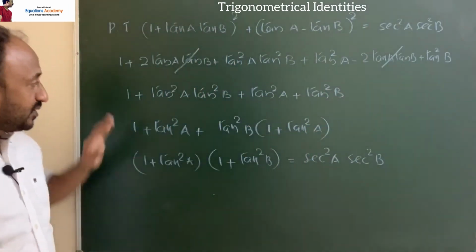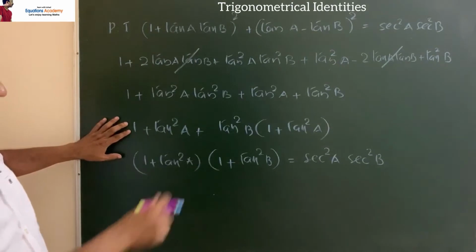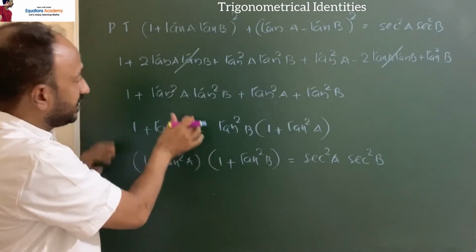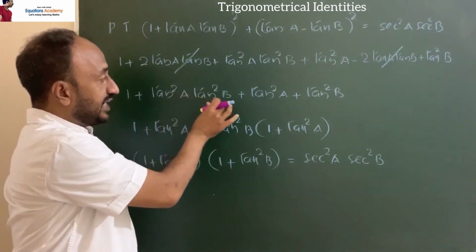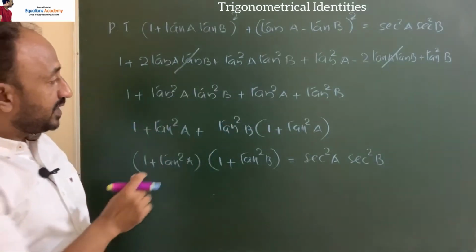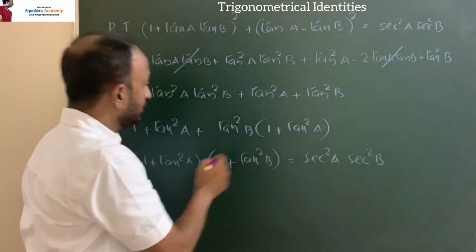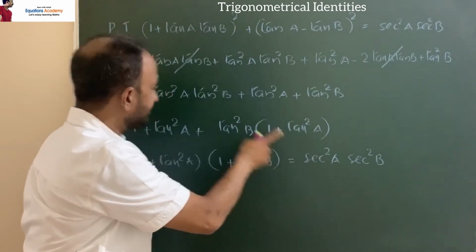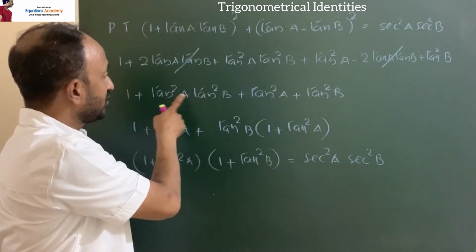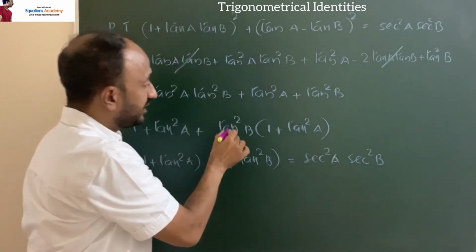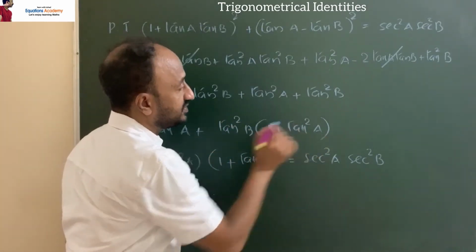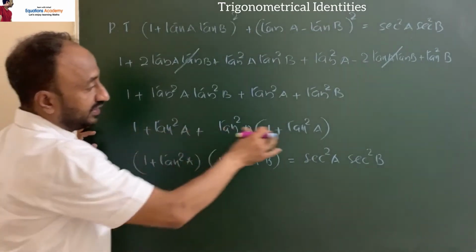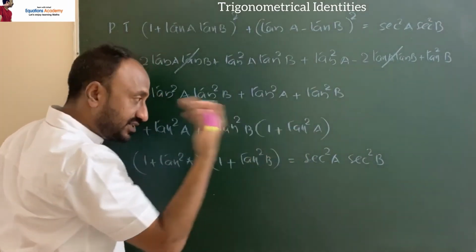Next step, this is 1 plus tan square A, that is 1 plus tan square A, plus from here tan square A tan square B and tan square B, take tan square B common. So tan square B into 1 plus tan square A. Now here 1 plus tan square A, here also 1 plus tan square A, take it common.